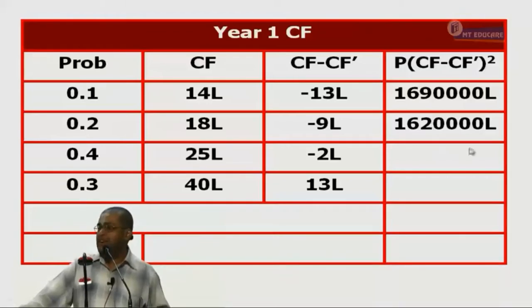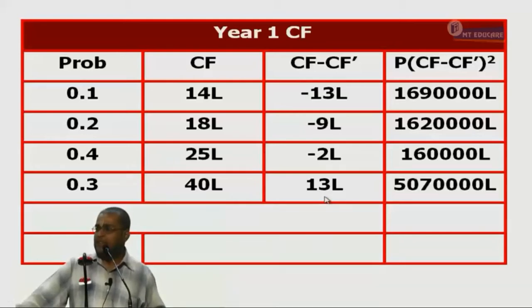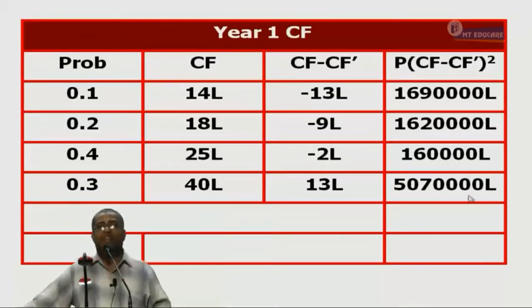Now, 0.4 into 2 lakhs into 2 lakhs gives you 1 lakh 60,000 lakhs. 0.3 into 13 lakhs into 13 lakhs gives you 50 lakh 70,000 lakhs.